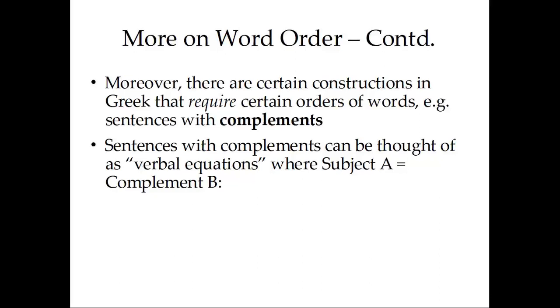Now, this is an important concept. We'll be talking about it again and again and again because a lot of language actually is basically saying that one thing is equal to another. I describe this as a verbal equation, and the subject is going to be on one side of that equation, and the complement is going to be on the other. For instance, the man is a philosopher.